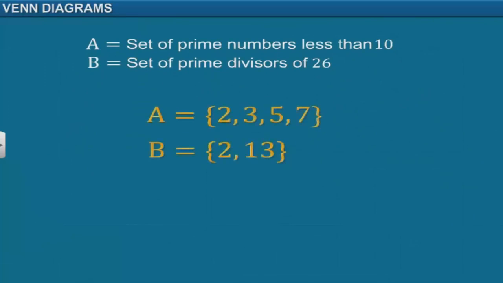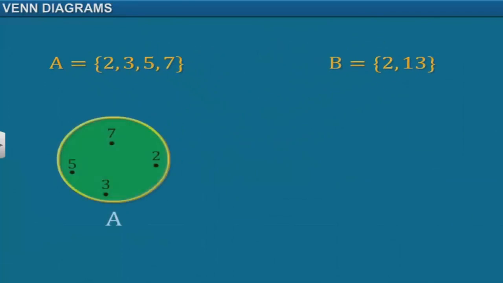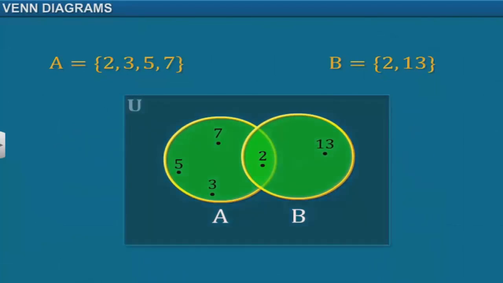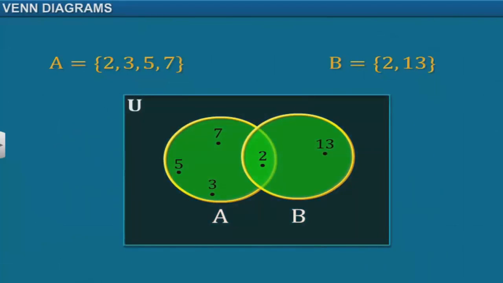These sets are represented in circles A and B as shown. If we observe, the element common to both the sets is 2. So we overlap the circles on each other as shown. The common region of the 2 circles will have the element 2, which is common to both the circles.